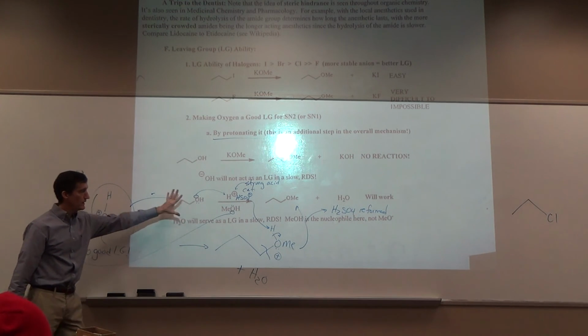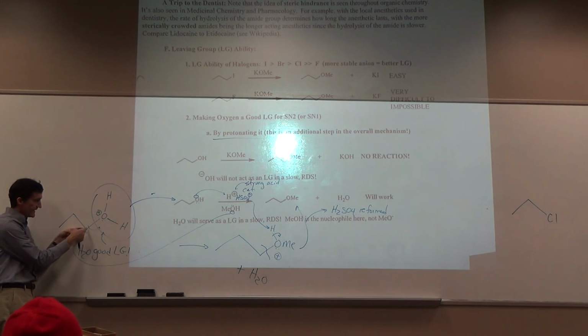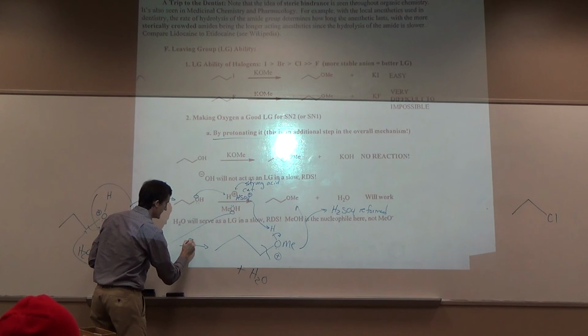Now, this mechanism, is it SN1 or SN2 that I showed? Backside attack, kick off the leaving group at the same time, that's SN2. But really, this right here is the SN2.